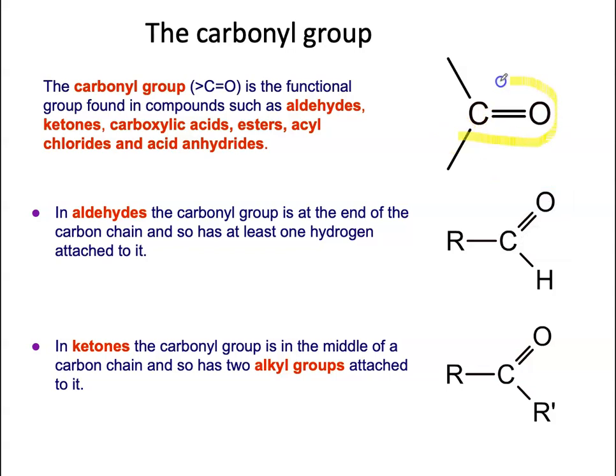This C double bond O is your carbonyl group. An aldehyde is where you have a hydrogen attached to the carbonyl carbon. A ketone differs because a ketone has an alkyl group attached to the carbonyl, like a CH3, a CH2, CH3.